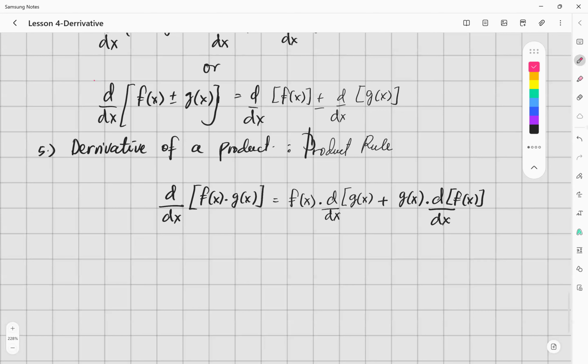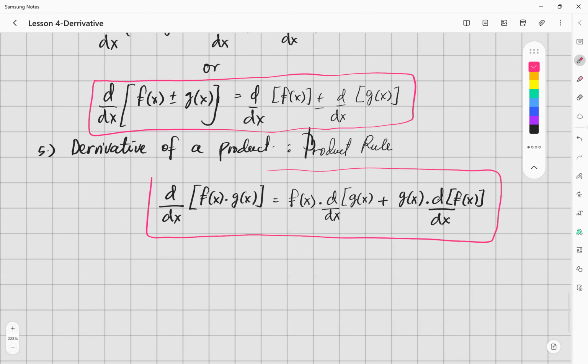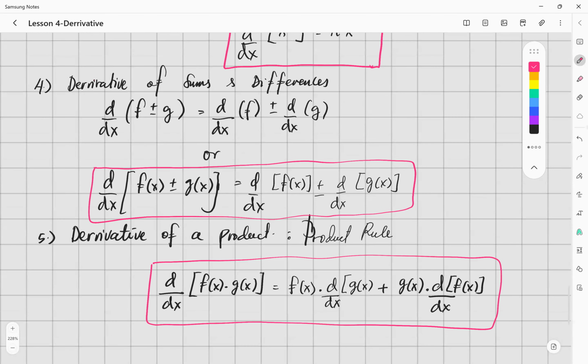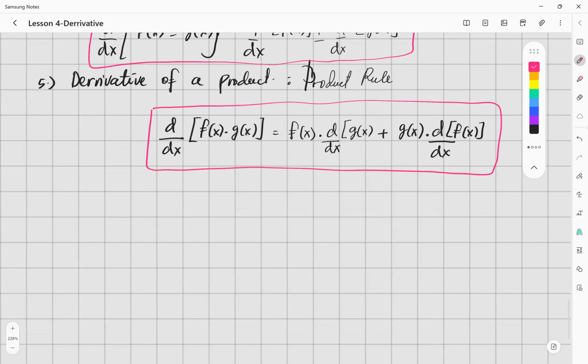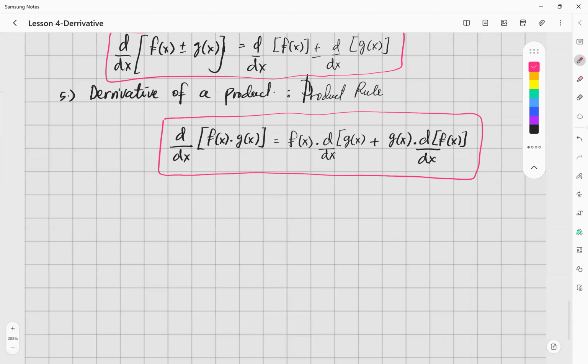I forgot to write this with the red circle over here. That's what you call the product rule. Next is the derivative of a quotient.